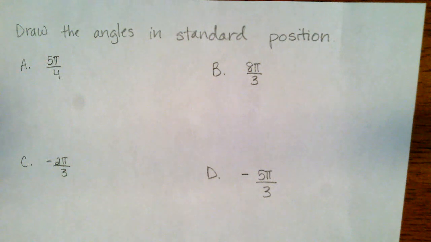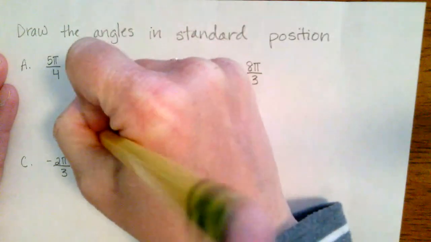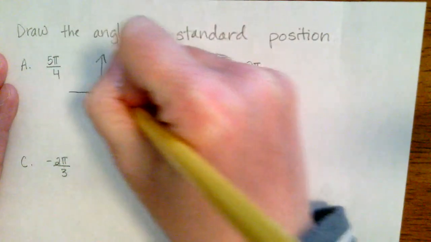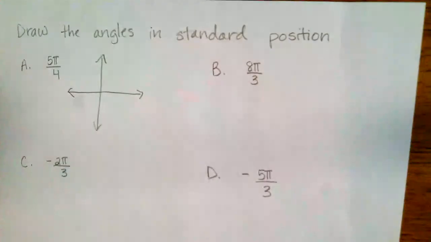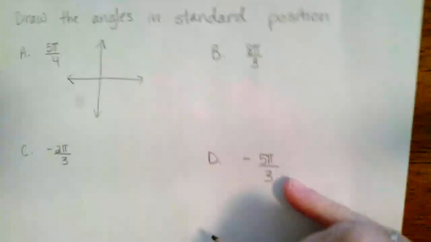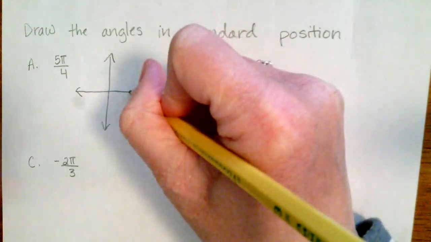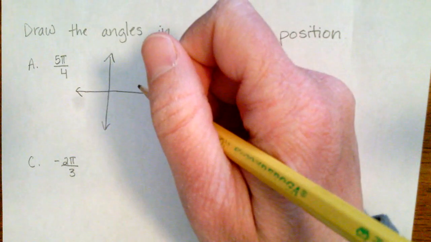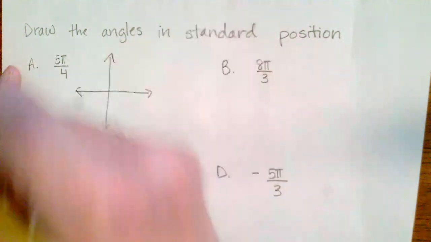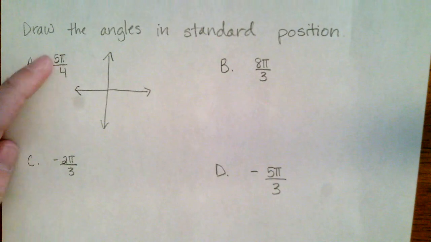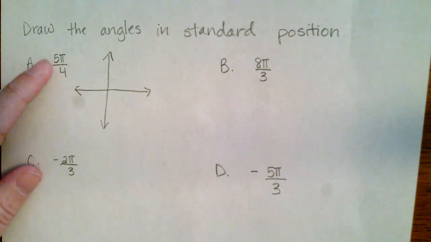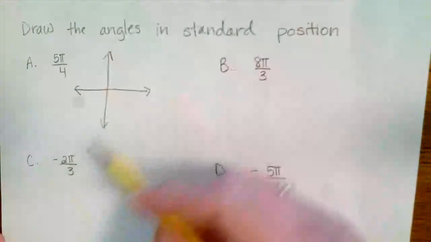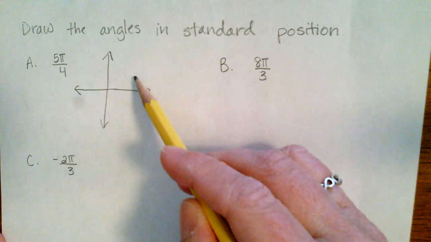These fractional radian measures. Our first thing when we are doing any problem is just going to be to draw our XY plane. The same as when we did degrees, we're going to start on the positive x-axis, and we want to go 5 pi over 4. I am trying to get in terms of pi or 2 pi, because I know pi radians is half my circle, and 2 pi radians is my entire circle.